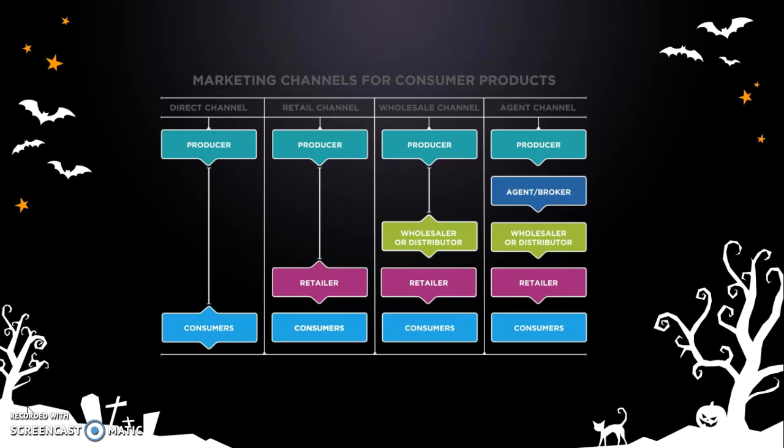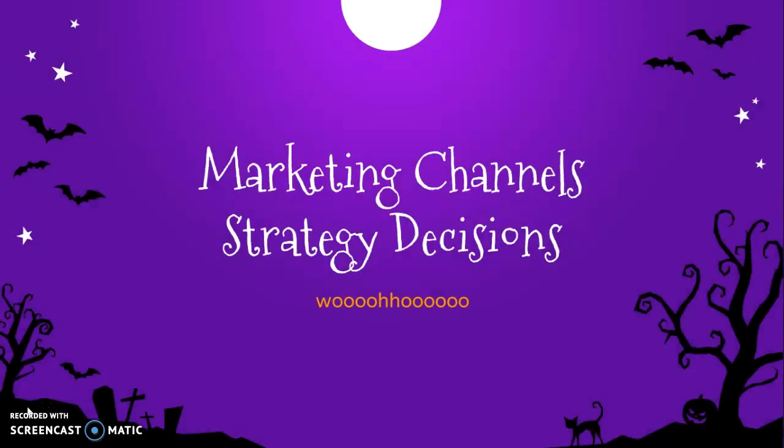And we end up with agent channels. In agent channels, we have the producer, then a broker that goes to the wholesaler or distributor, then the retailer, and then the consumers.